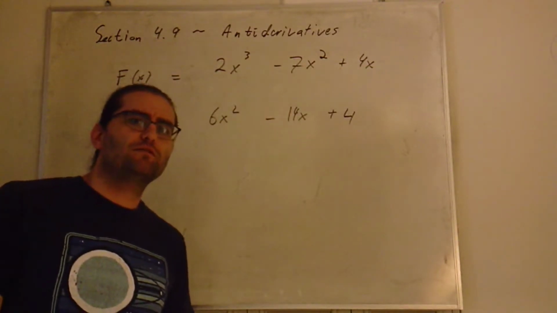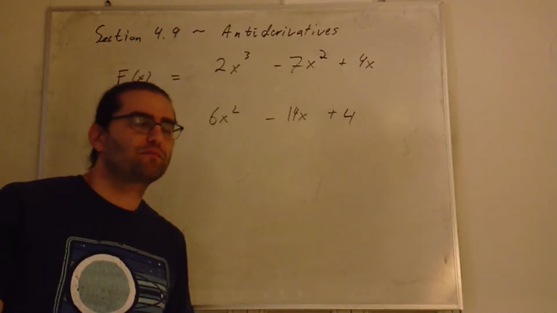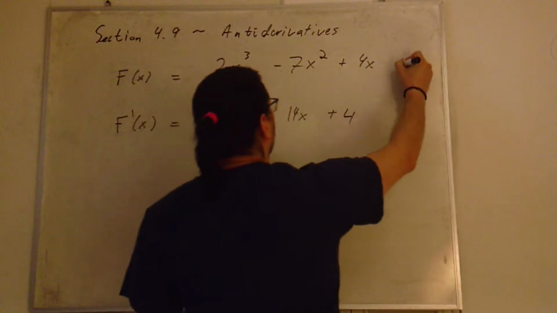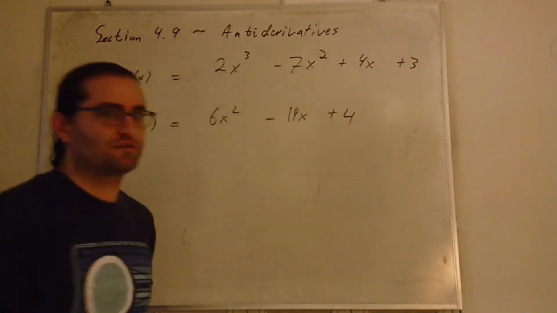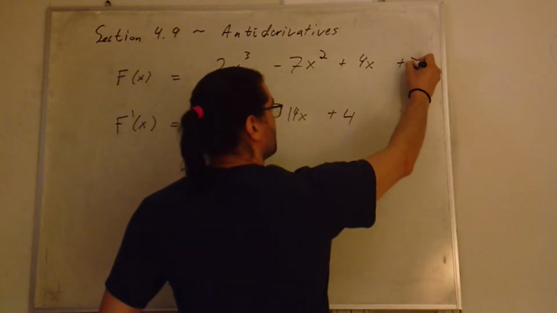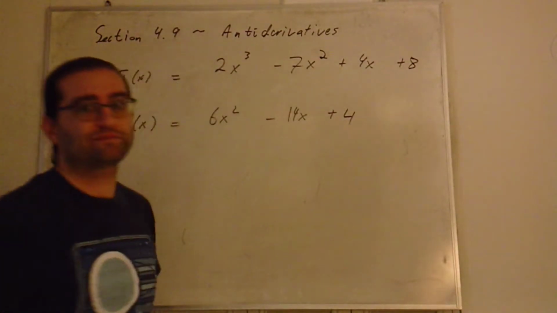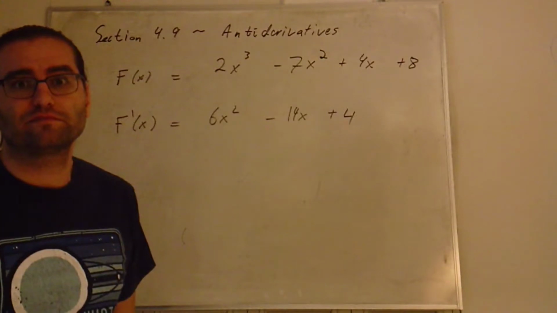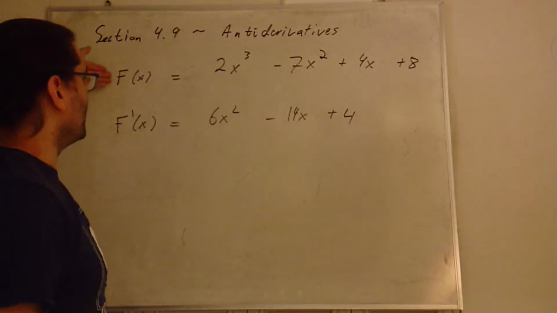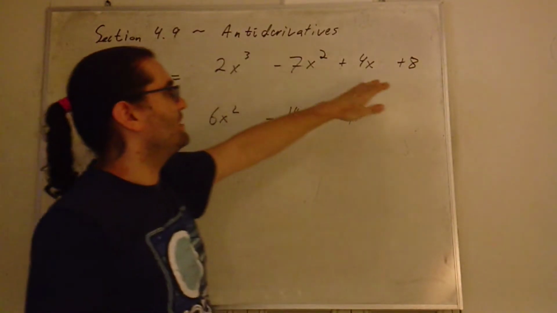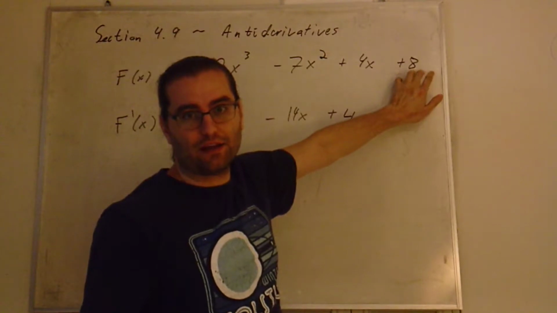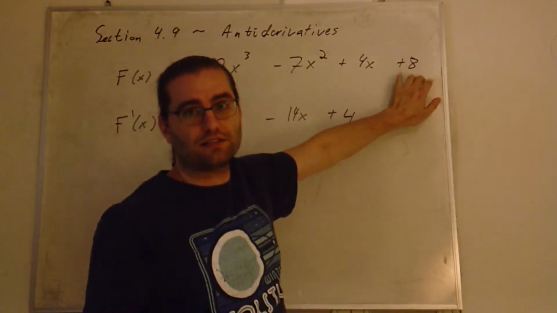Except there's a tiny bit of a problem. This is also a function whose derivative is this. So is this. This original function that we started with could have had literally any number here added on the back end as a constant.